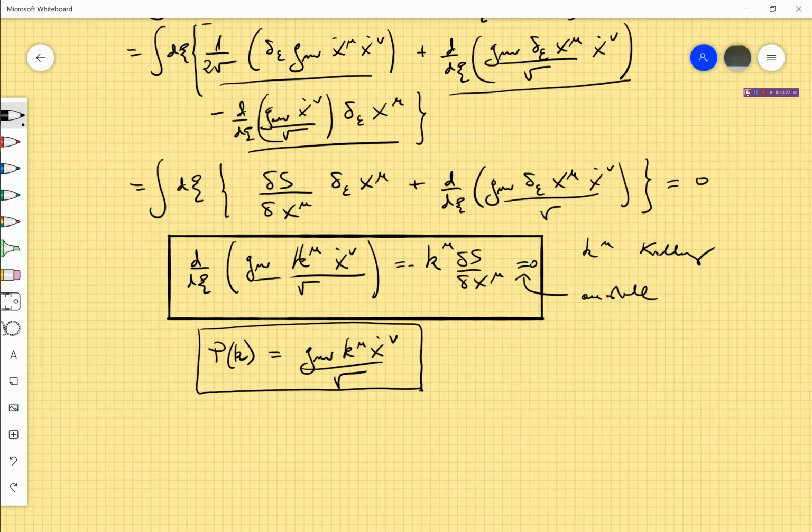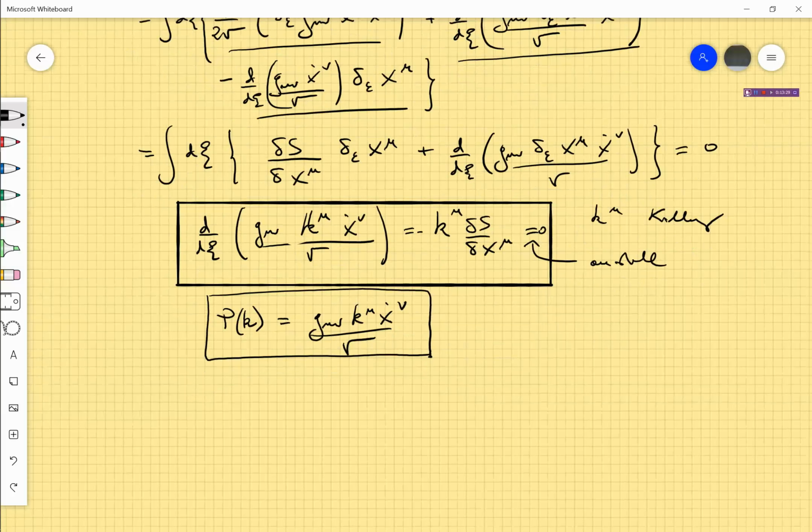Now these conserved quantities, in the case of Minkowski space-time, should coincide with the ones that we have computed before: the standard momentum and the angular momentum.